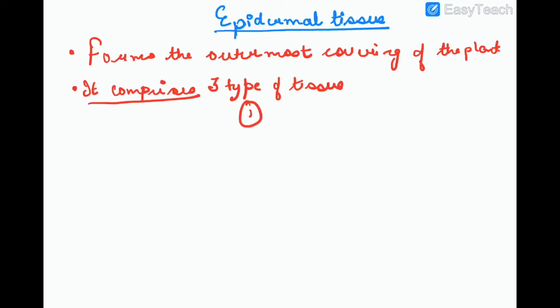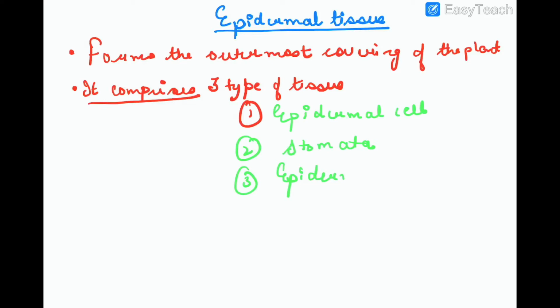First is the epidermal cells. Second is the stomata. And third is the epidermal appendages, which include trichomes and root hairs.